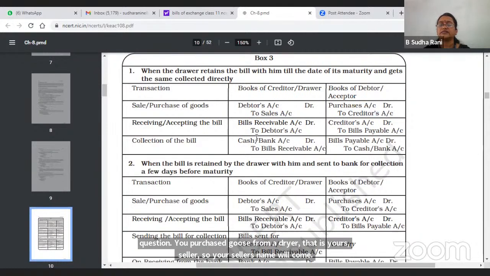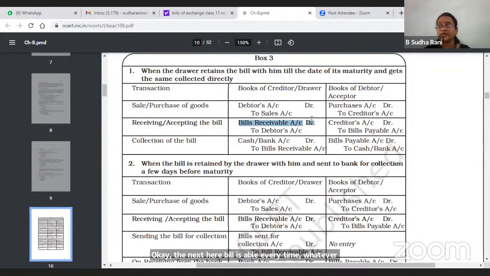Okay. The next, here bills receivable. Every time, whatever the situation, every time a bill has been drawn and acceptance is received, these are the two entries that you get in the drawer's and drawee's books. In the drawer's book, bills receivable account debit to drawee's name you must write.